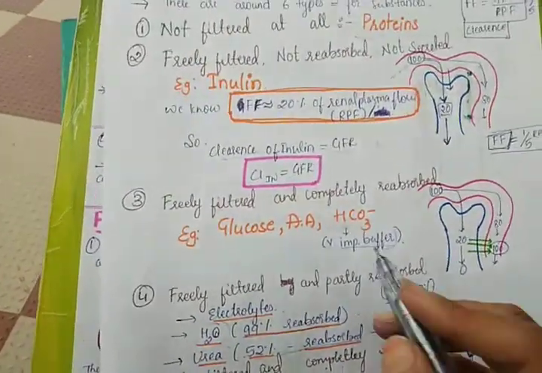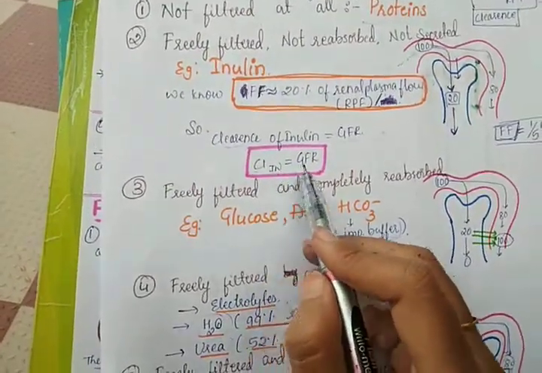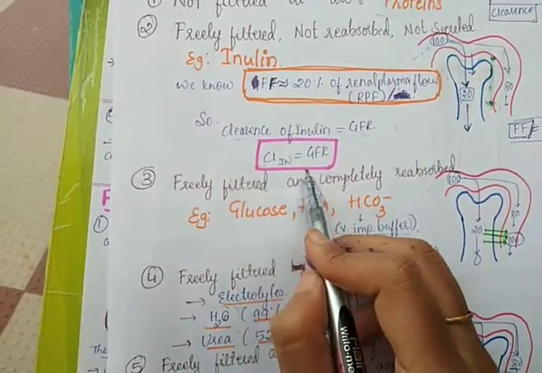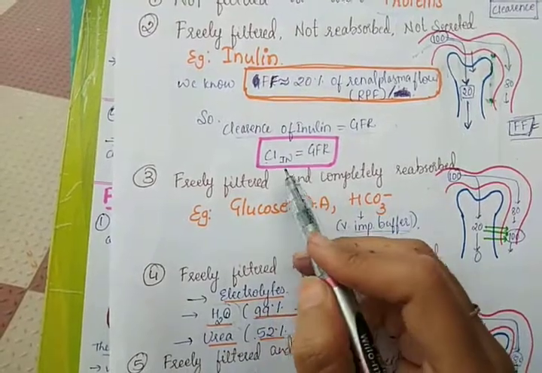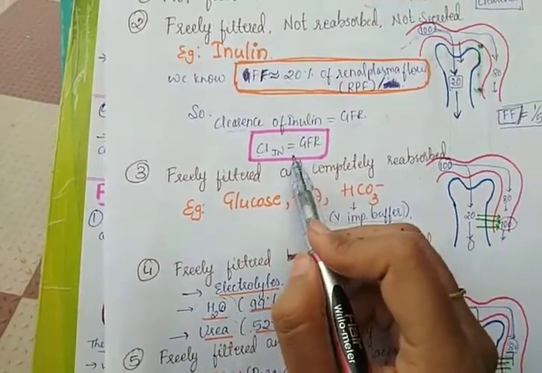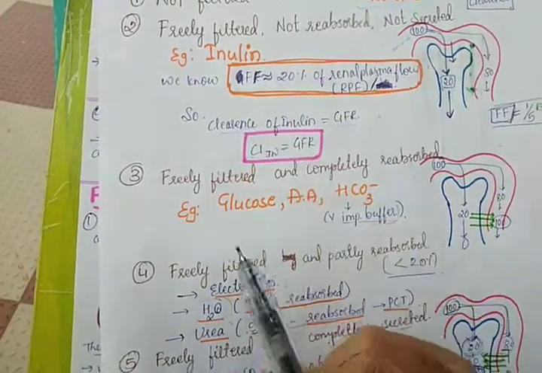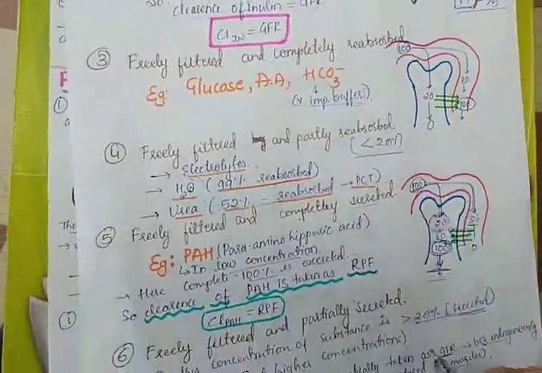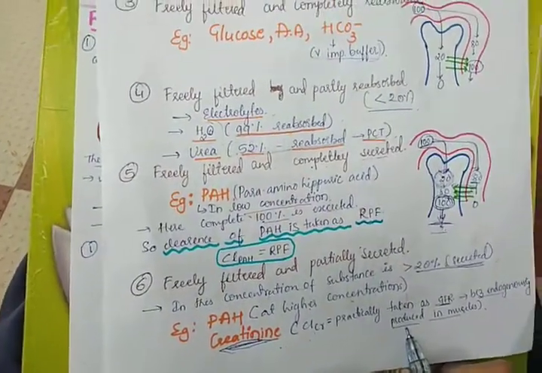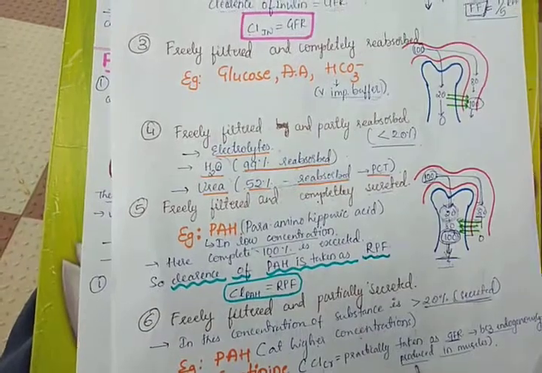We can take clearance of inulin as GFR, but this is a lengthy procedure, in which we have to infuse inulin continuously to the patient to calculate his GFR, so creatinine will be a better procedure for calculating the GFR. Thank you.